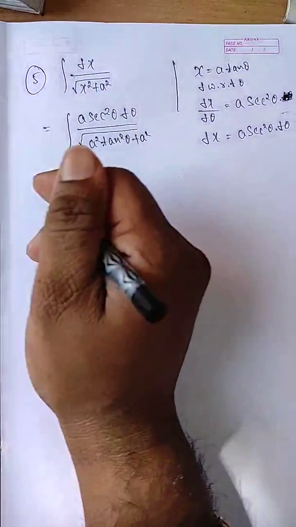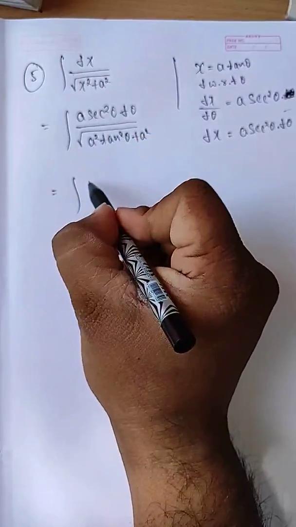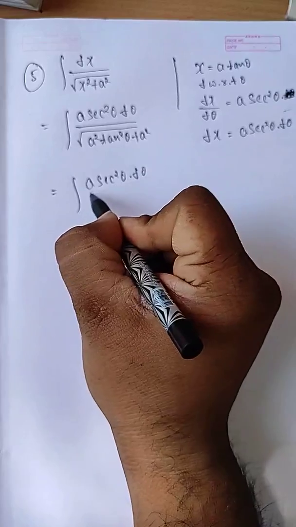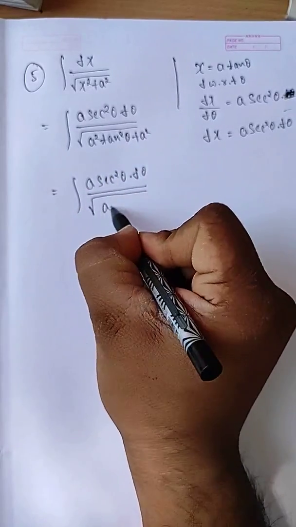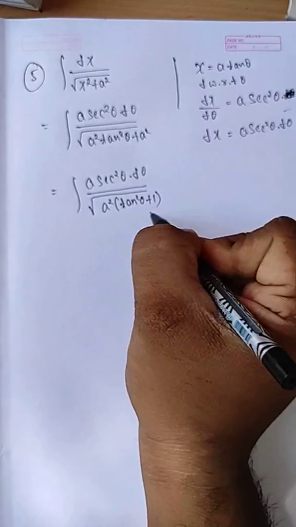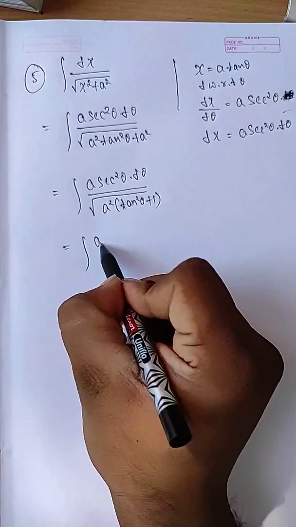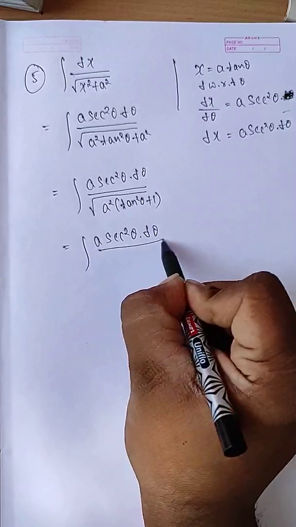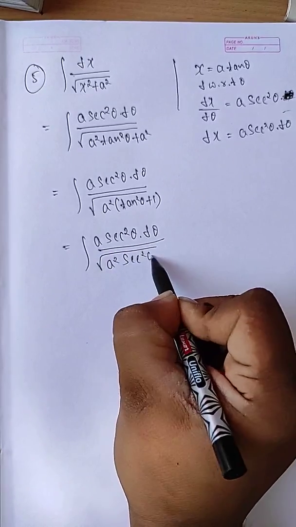Now this is equal to integration of a secant square theta d theta by root of, taking a square common, tan square theta plus 1. What is tan square theta plus 1? We know it is a very famous identity: tan square theta plus 1 can be written as secant square theta. So a square secant square theta.